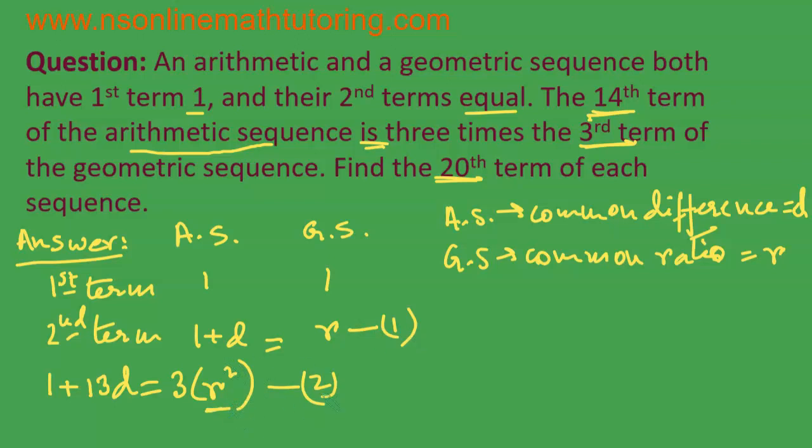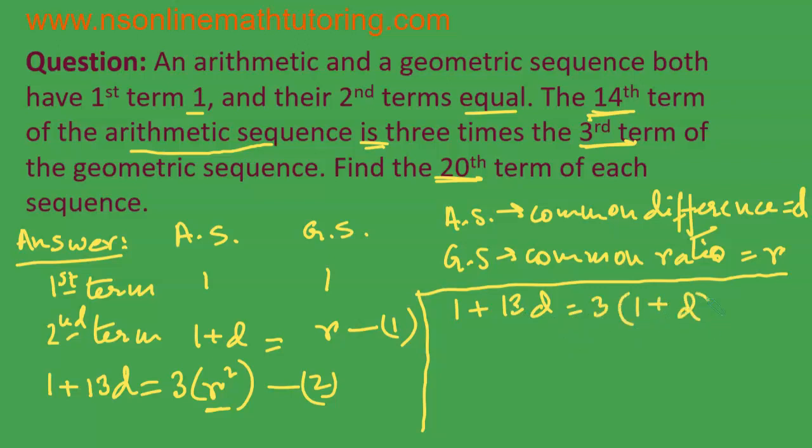R is equal to 1 plus D. So we may write 1 plus 13D is equal to 3 times 1 plus D whole square, because R is equal to 1 plus D. So 1 plus 13D is equal to 3 times 1 plus 2D plus D square.